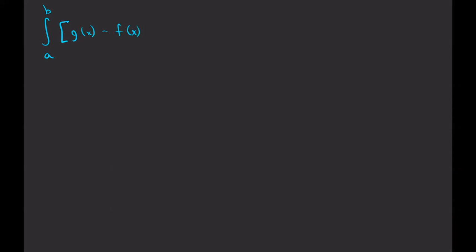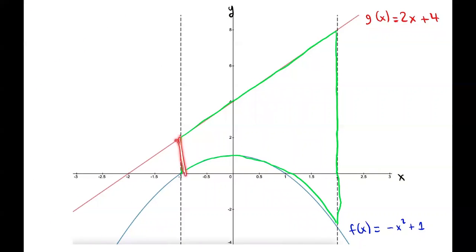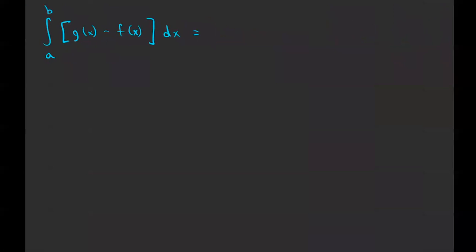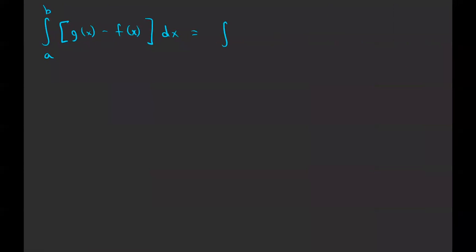Remember, that could be f minus g in other problems, but here, as we've labeled them, it's g minus f. A and b, those are our endpoints, and as we said, we've got that at -1 and that at 2. So we've got the integral from -1 to 2 of g, which was the line, minus f, which was the parabola.